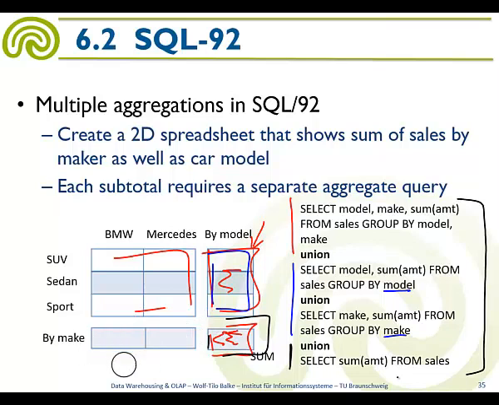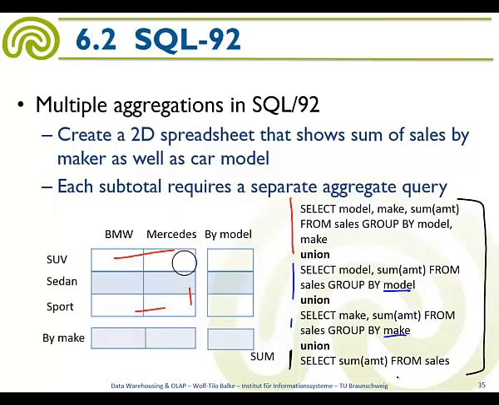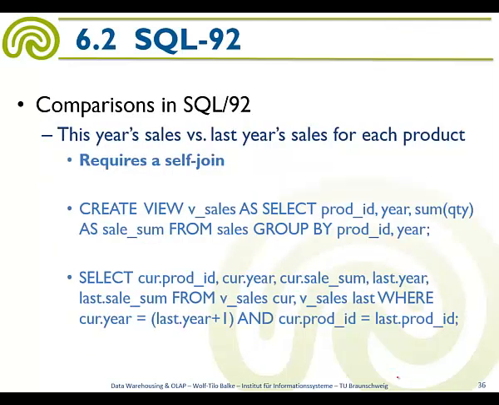Okay, let's look at the second case. We want to do comparisons in SQL, right? So for example, this year's sales against last year's sales for each product. What do you have to do? Well, basically you have to rely on a self-join.